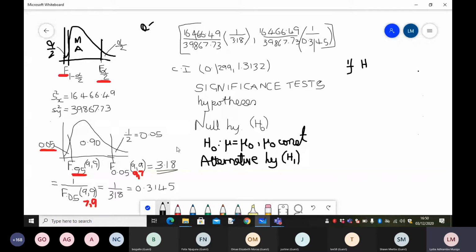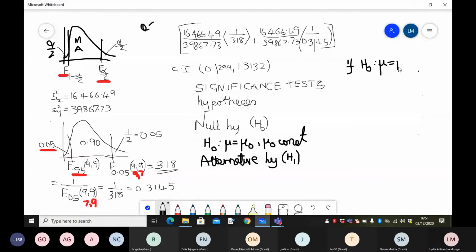Okay, so I was saying that for us to have an alternative hypothesis, first there must be a null hypothesis. If H naught is such that mu equals mu naught, then we have three alternatives.